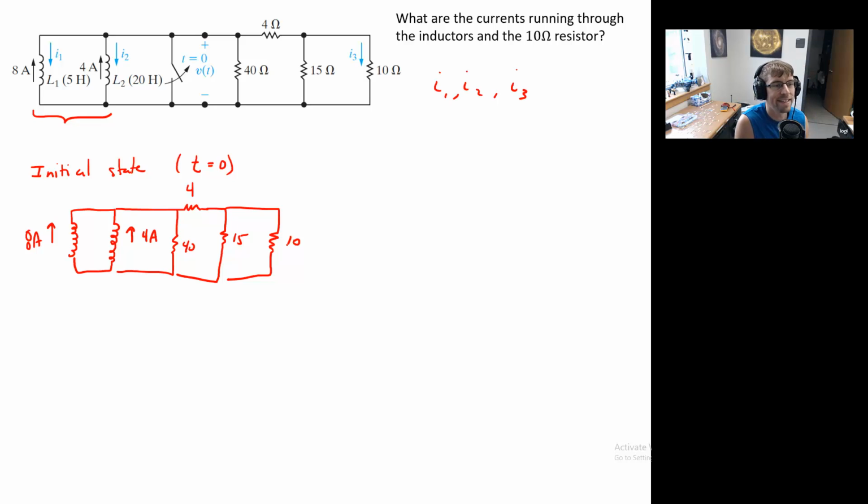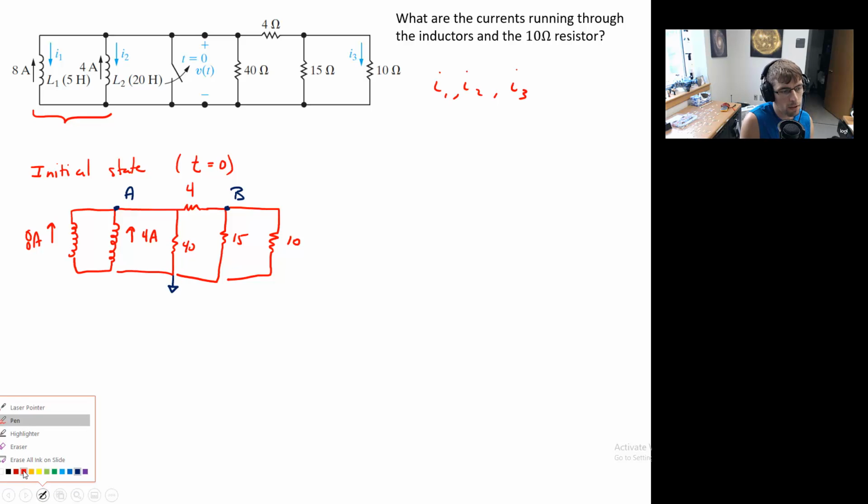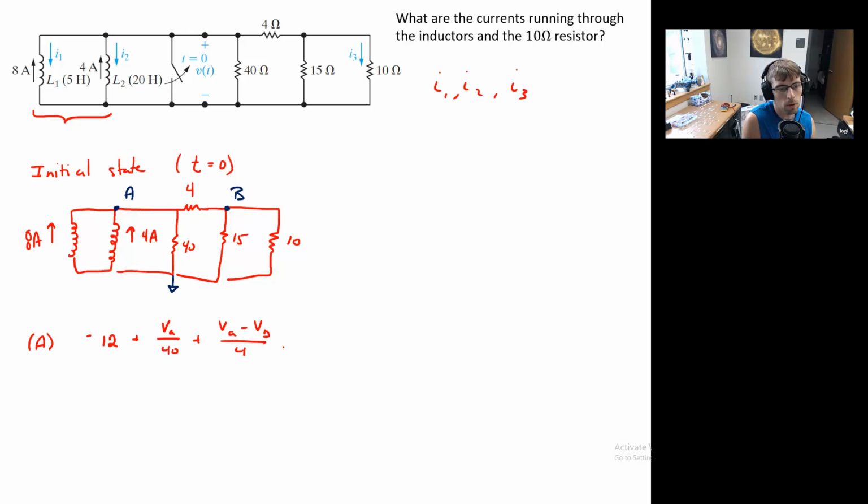Okay, you got it? Well, let's see here. I'm going to attack this using node voltage. I'll call this node A, and this one B, as in boy, and I will ground that one. For node A, we have negative 12 amps going into that node, and coming out of that node we have VA divided by 40 plus VA minus VB over 4 equals 0.